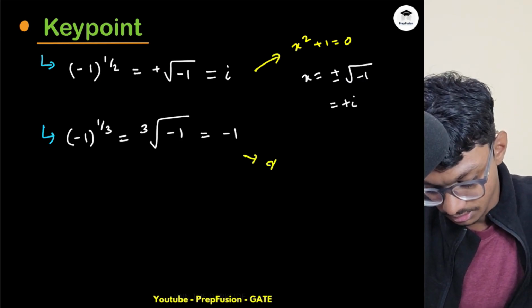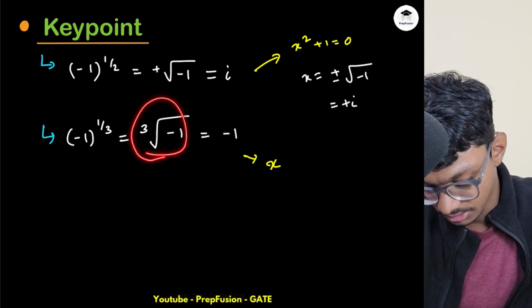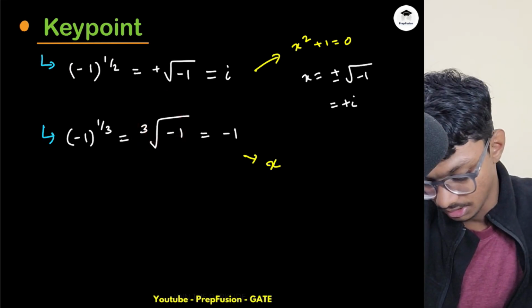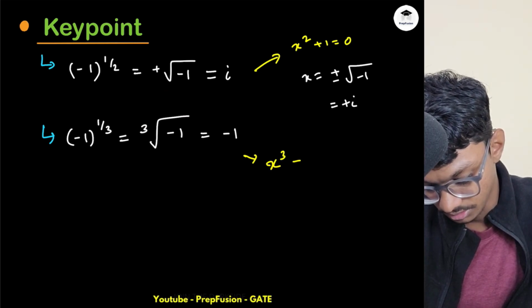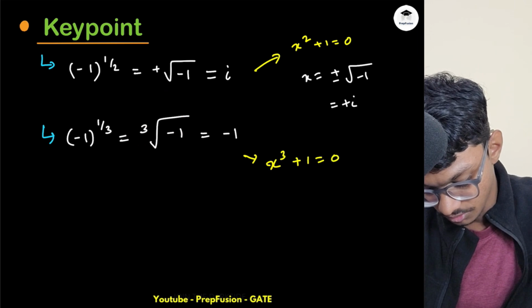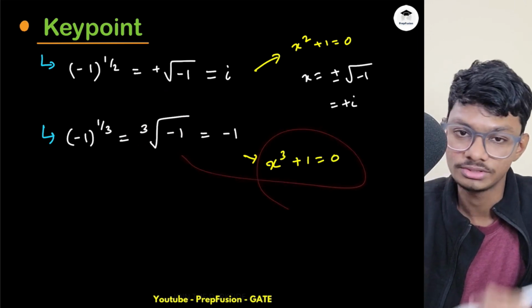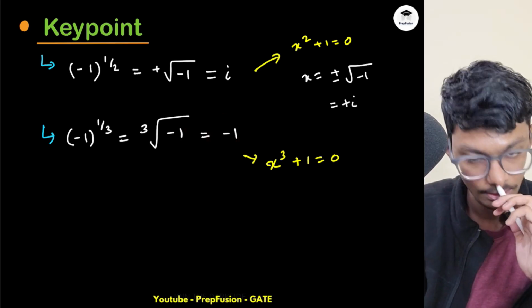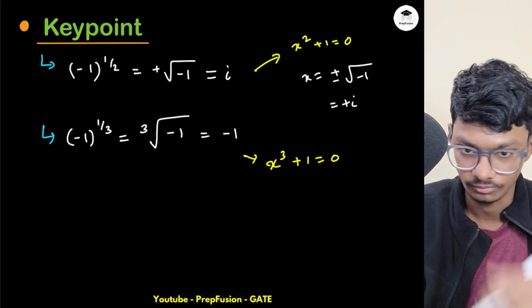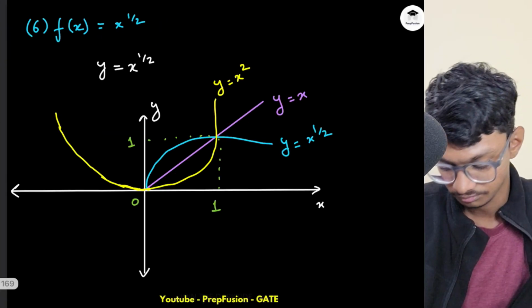This is a cube, so I will write x cube plus 1 equals 0. Now if you solve this, you will get three solutions, but I will only choose one, that is -1, because we are sticking with only the real solution. So we ignore the imaginary solutions.